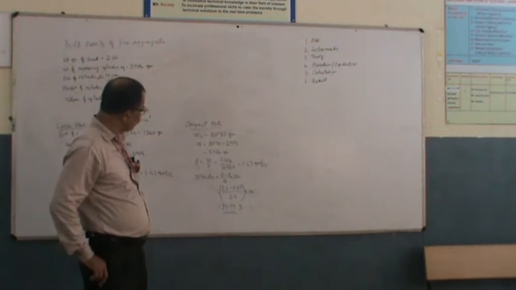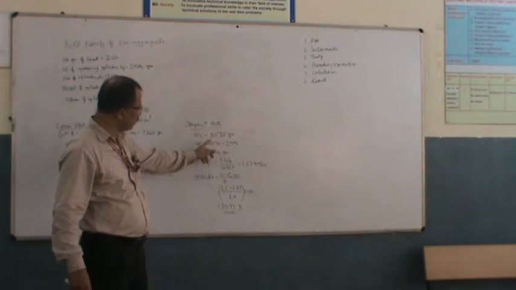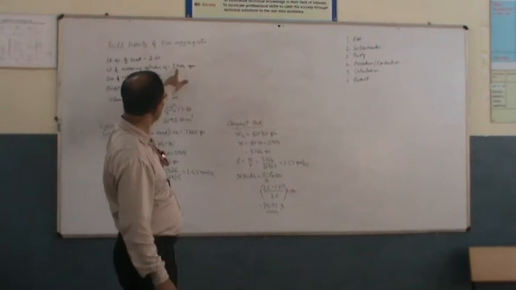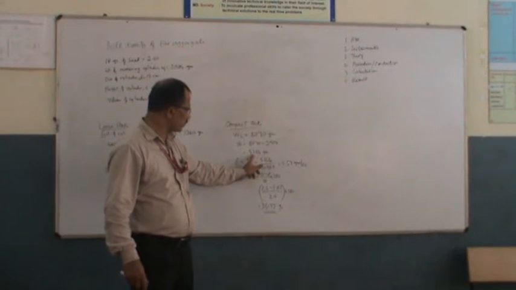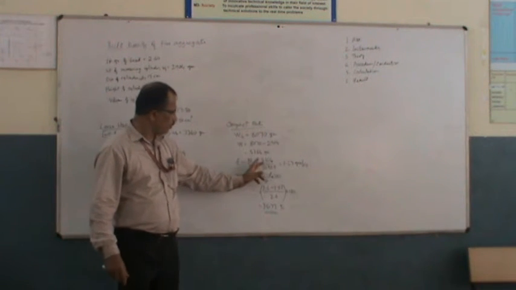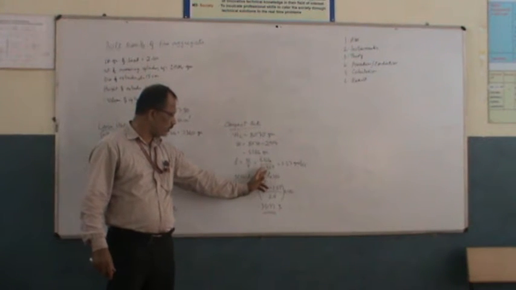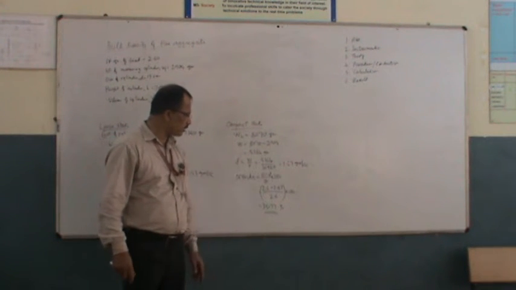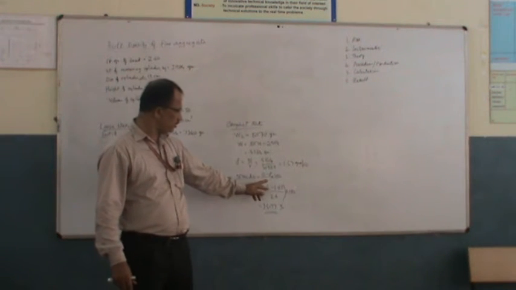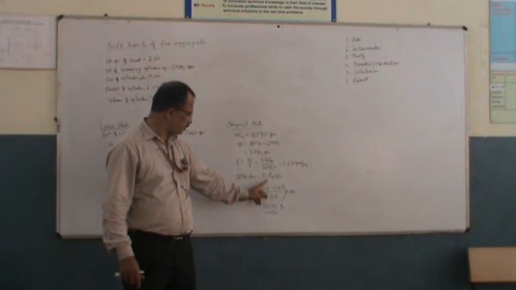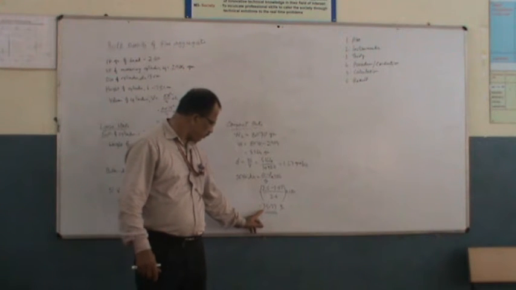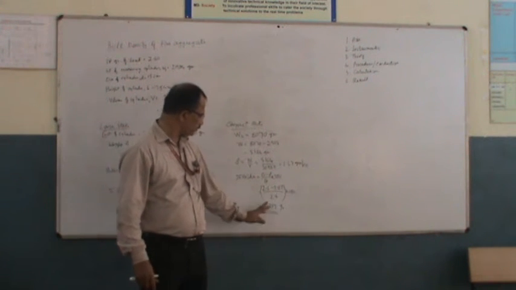Weight of the compacted sand inside cylinder is equal to W2 minus W1, 8070 minus 2904, which gives 5164 grams. Therefore, bulk density is the ratio of weight by volume, weight of the compacted sand divided by volume of sand, which gives 1.67 grams per cc. Percentage voids in the sand in a compact state is calculated as G minus delta by G into 100, which gives percentage voids as 35.77%.